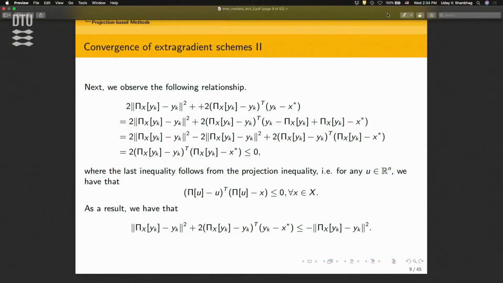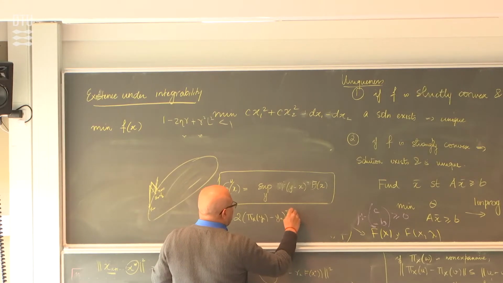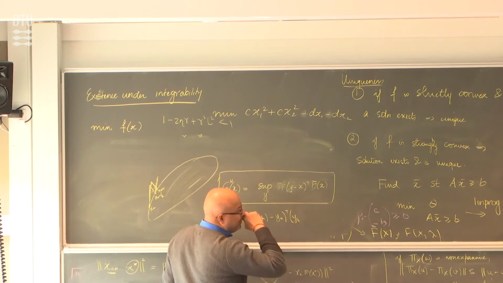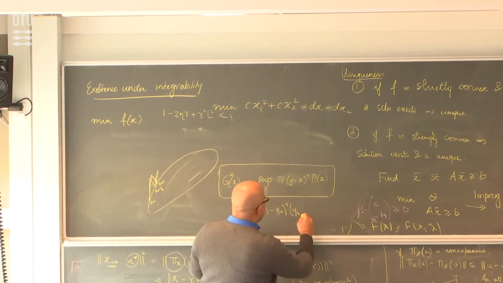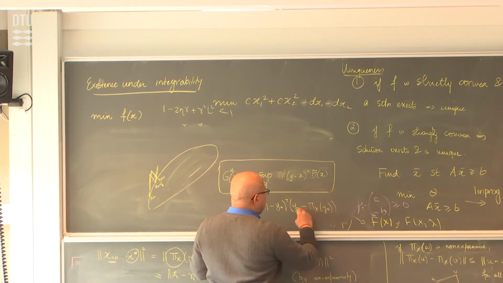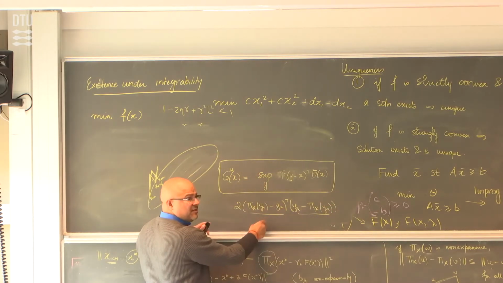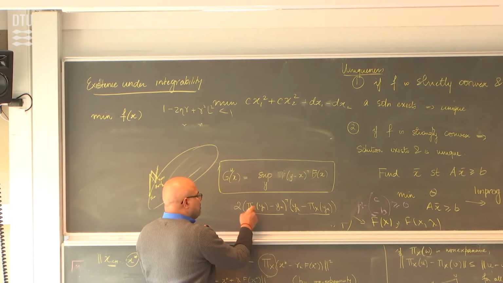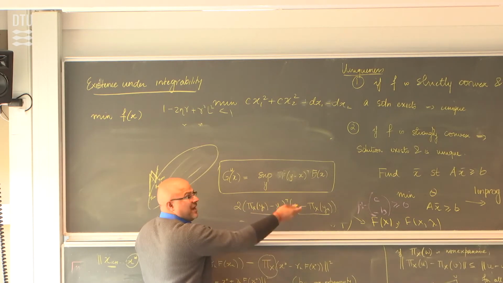So what you get is pi of x yk minus yk transpose yk minus the projection. So this is the negative of this vector. So it's like saying 2 times x transpose negative x.